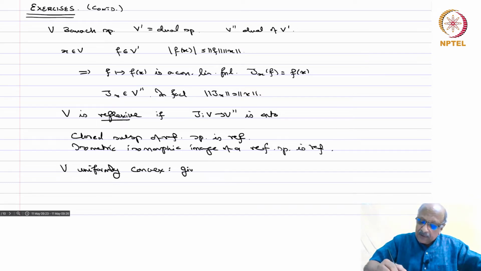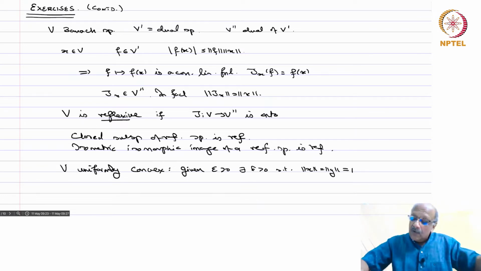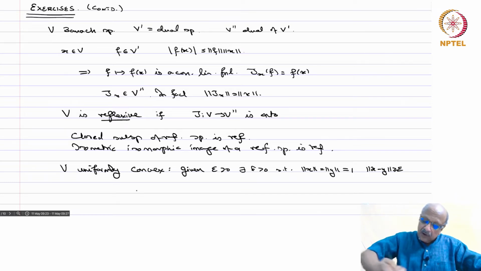Given epsilon positive, there exists a delta positive such that norm x equal to norm y equal to 1, norm of x minus y greater than or equal to epsilon implies norm of (x plus y)/2 is less than 1 minus delta.